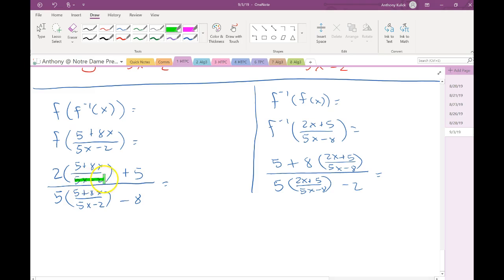So if I look here, I have the same denominator in both the numerator and denominator, right? So what I'm going to do is multiply the top and bottom by that denominator.